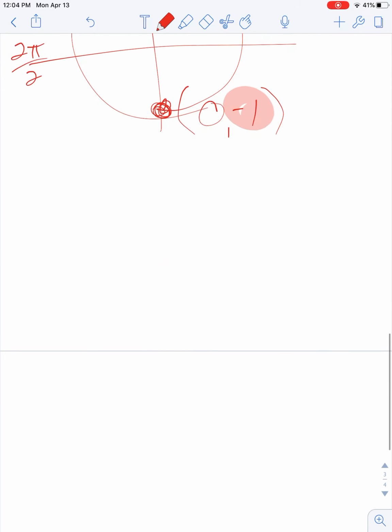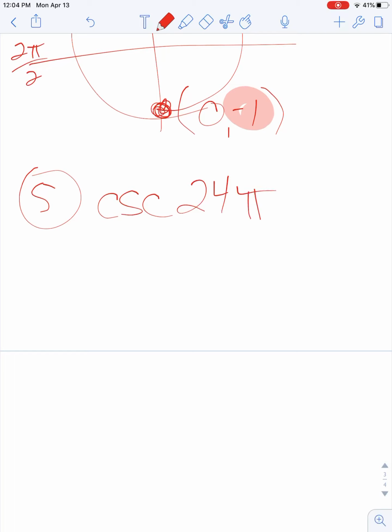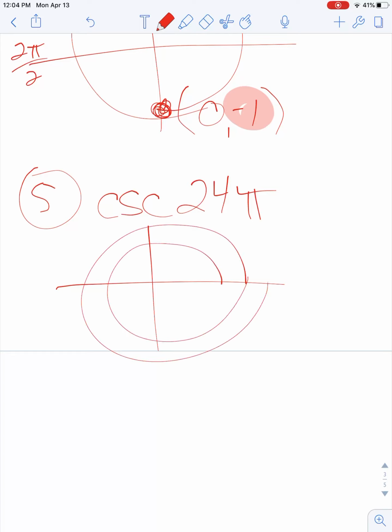So we still have the quadrantal angles. In fact, let's do cosecant of 24 pi. Let's think about this. If I go all the way around, that's 2 pi. If I go again, 4 pi, 6 pi, 8 pi. I could keep doing this.